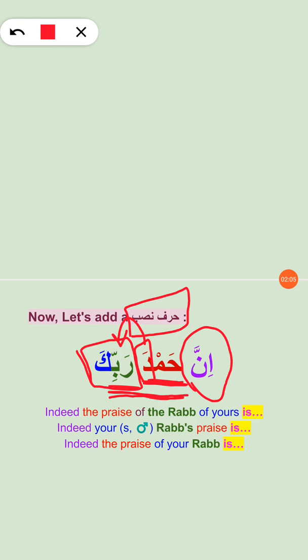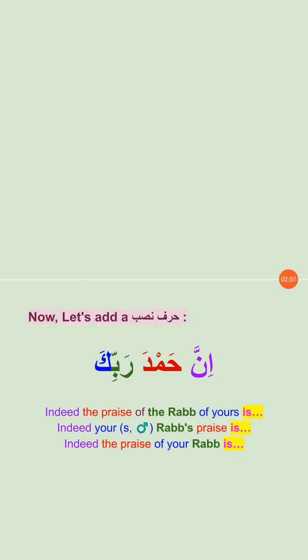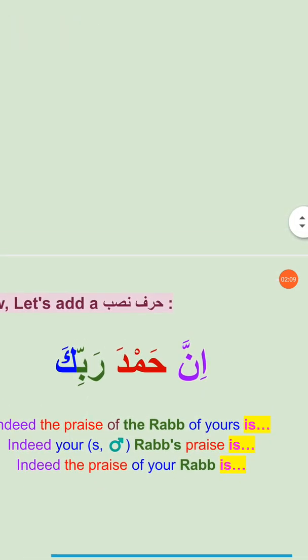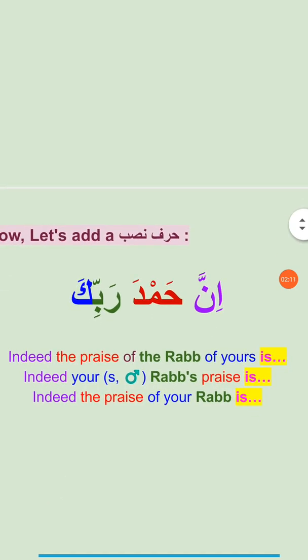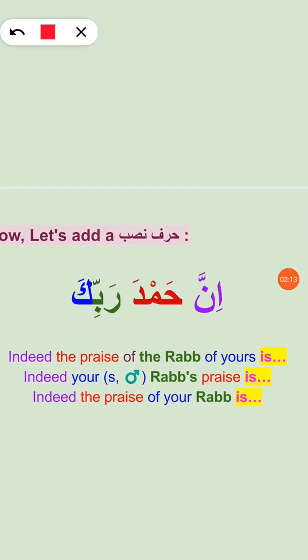Okay, so if we try and translate it, there's only a very little point that we need to take care of, and this is as follows. We remember from our Harf Nasab combos that right after the combo of the Harf Nasab and its ism, an auxiliary verb comes up.